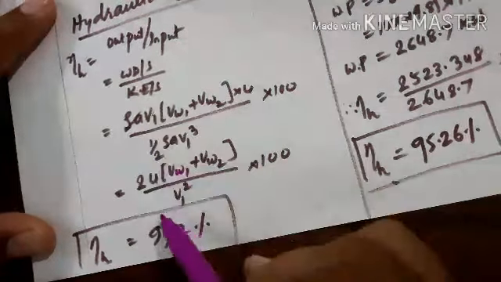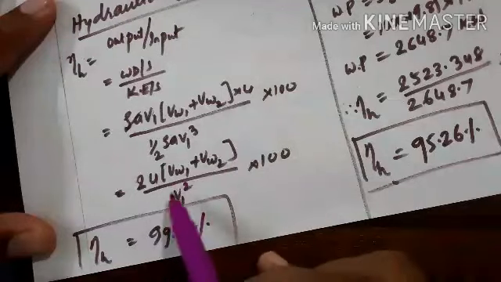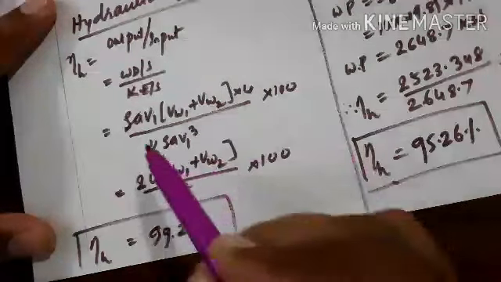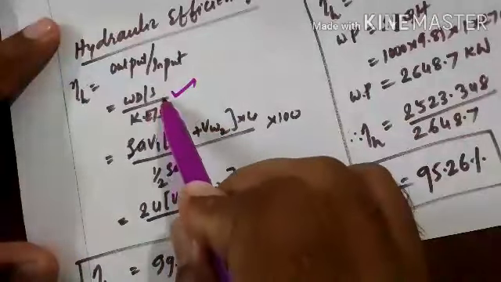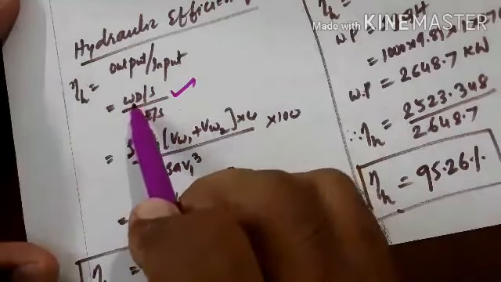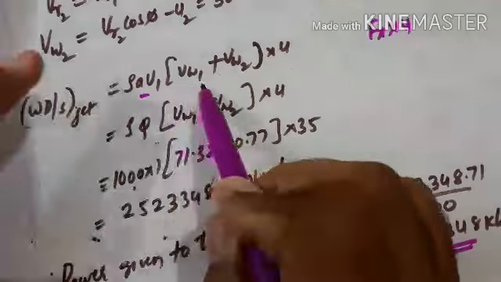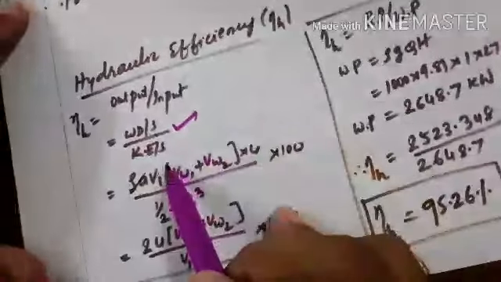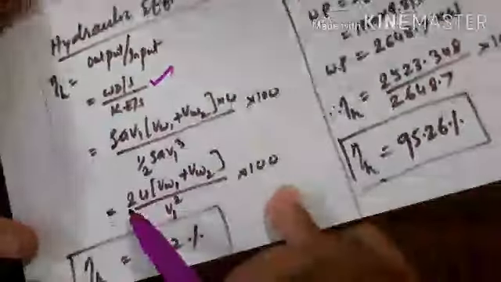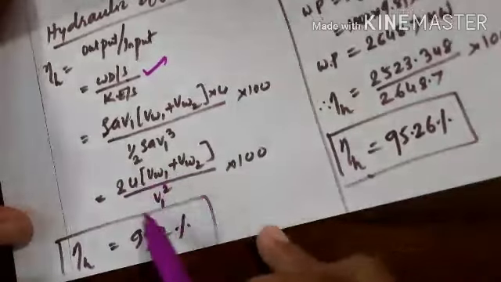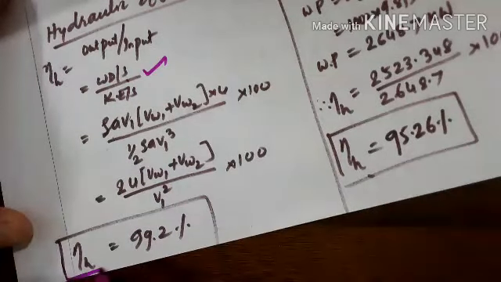After simplification you will get this final formula, and you should remember the work done per second formula and also the kinetic energy per second. When you substitute and simplify you will get this equation, and then the hydraulic efficiency through this formula.